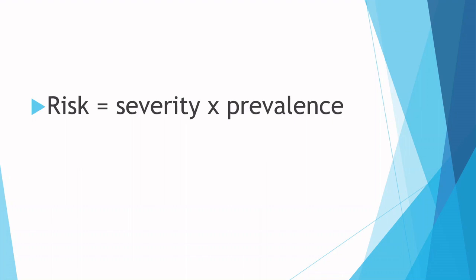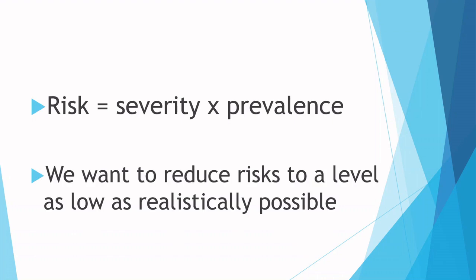We need to prioritize based off of a combination of these different factors so that we know where to pay attention. And again, our ultimate goal is we want to reduce risk to a level as low as realistically possible. You will never hear a HACCP coordinator or a risk assessor say we have zero risk.